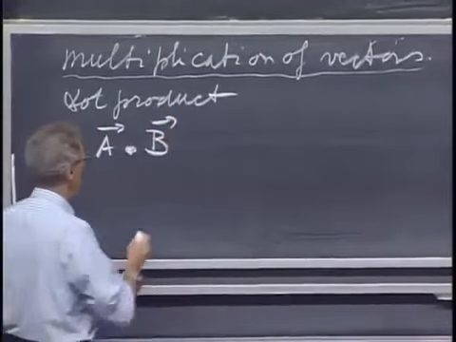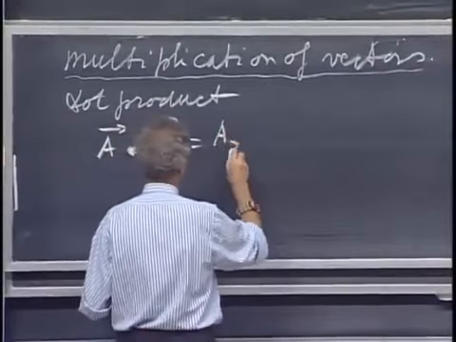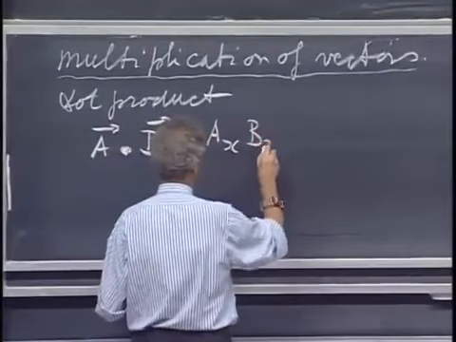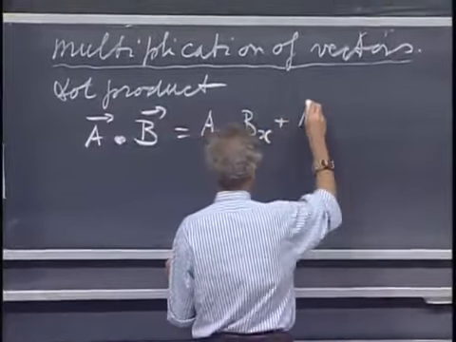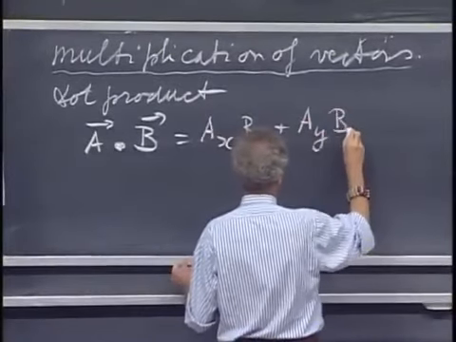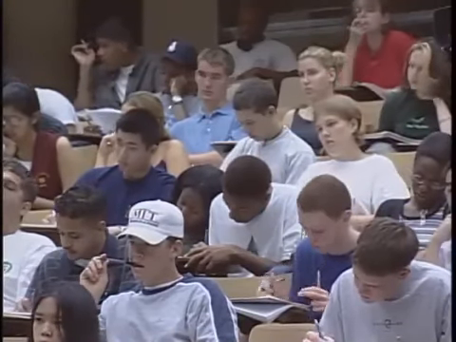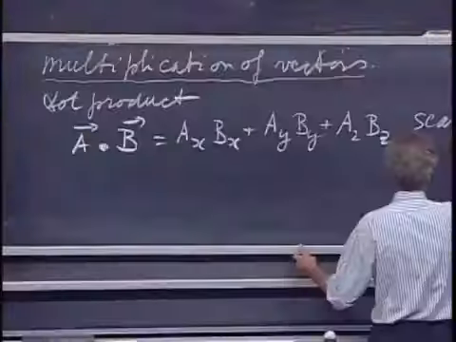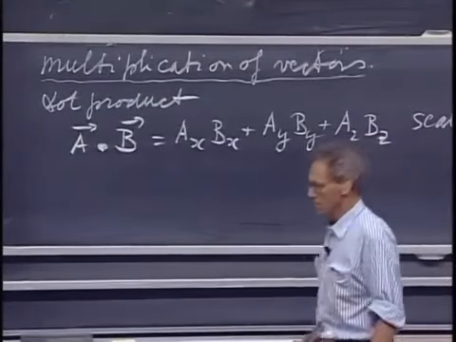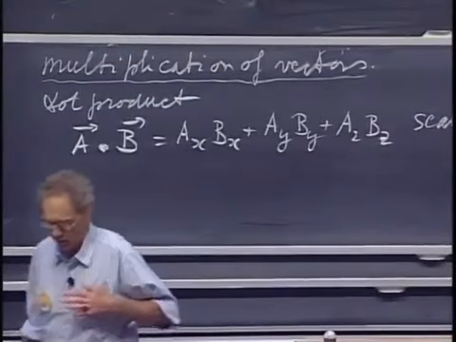And that's defined as it is a scalar, A of x times B of x, just a number, plus A of y times B of y, that's another number, plus A of z times B of z, that's another number. It is a scalar. Has no longer a direction.